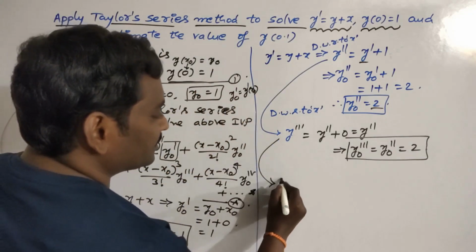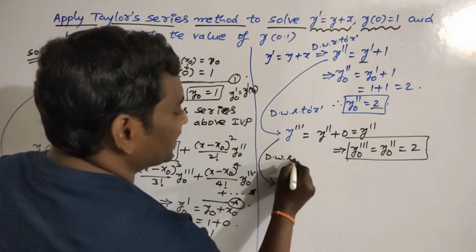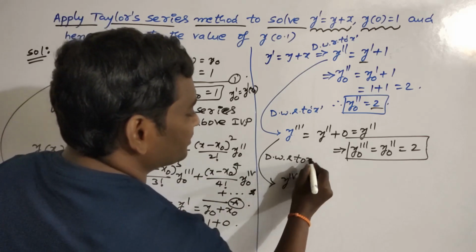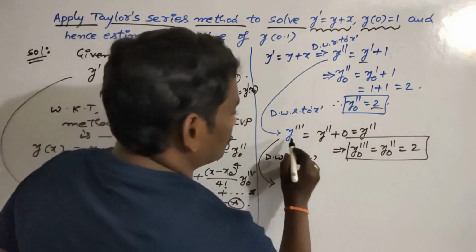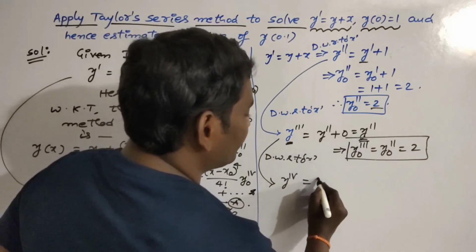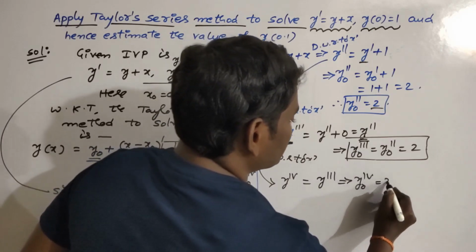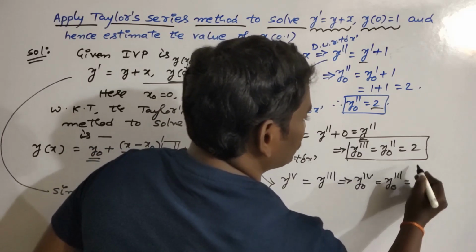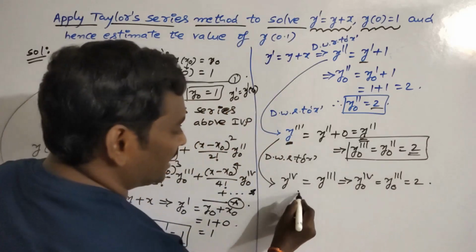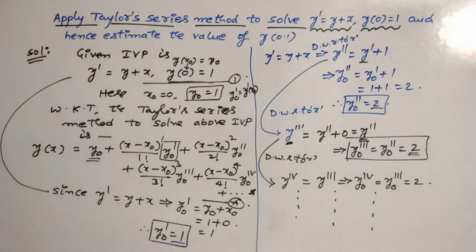Now take another derivative, which is the fourth derivative. Already the third derivative is there. If you take another derivative, you will get the next derivative. So y triple dash is equal to y double dash. If we take another derivative, you will get y triple dash. So y naught fourth derivative is equal to y naught triple dash, which is 2, and so on. Similarly, we can find out the higher order derivatives also very easily.